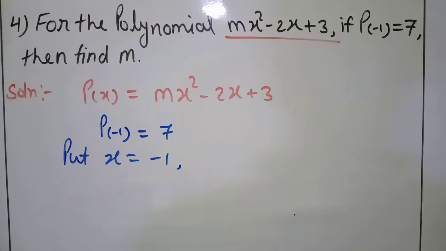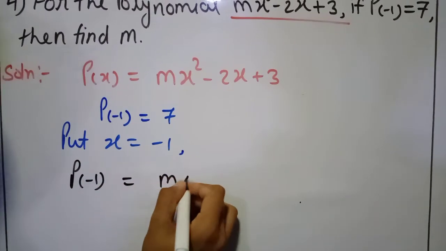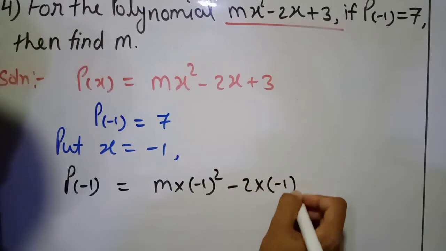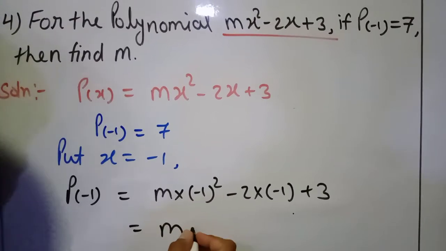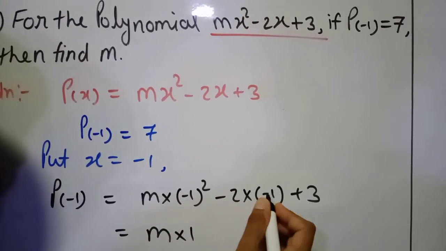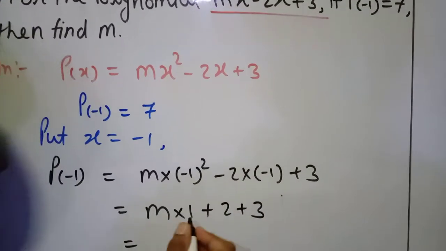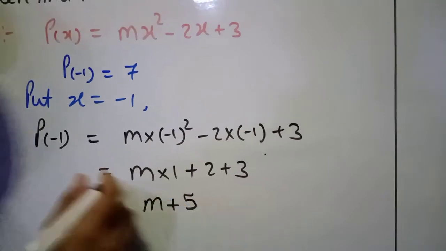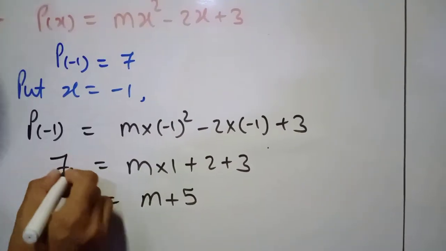Then we will get p minus 1 is equal to m into square of minus 1 minus 2 into minus 1 plus 3. m as it is into 1, minus into minus becomes plus, 2 1s are 2, plus 3. m into 1 is m plus 2 plus 3 is 5, and at the place of p minus 1 we can write 7.